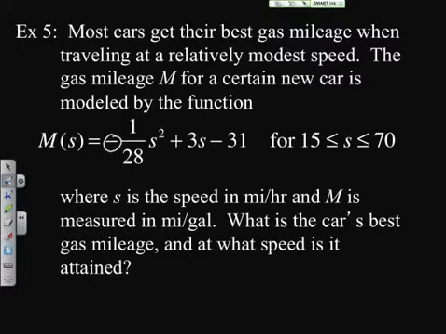So if that's our function, we just want to use this little rule. So we're going to have, in this case, s equals negative b over 2 times a. Now with a fraction, it's maybe a little bit more difficult, but notice these negatives will cancel out, so we've got 3 over 1/14 when we multiply the bottom together.